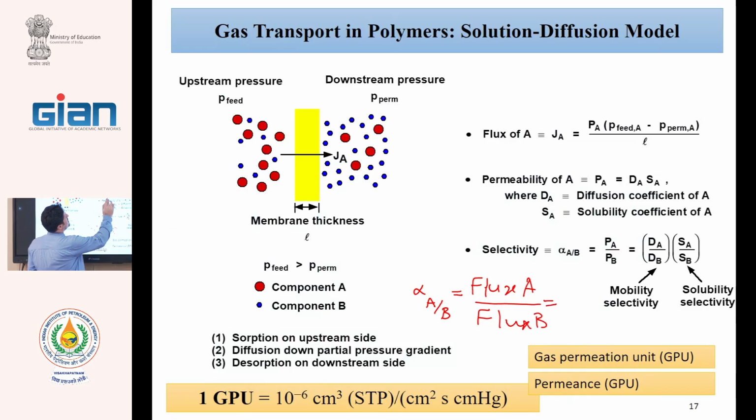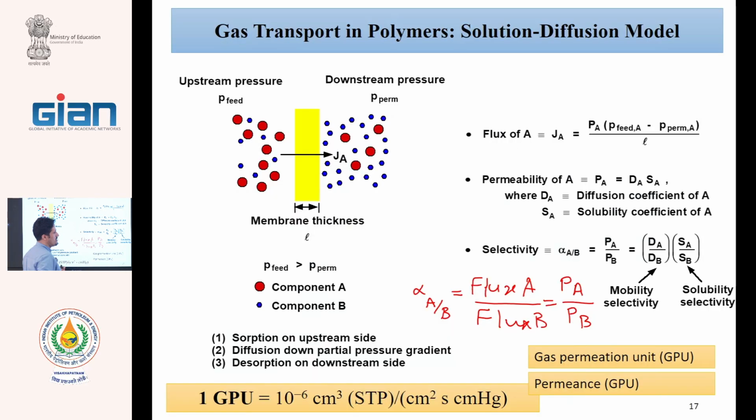Flux is related to the permeability coefficient, delta P and L. We test both gas A and B in similar conditions, that means delta P and thickness are similar. Therefore, we can use permeability A to permeability B, because delta P can be removed from the two sides.